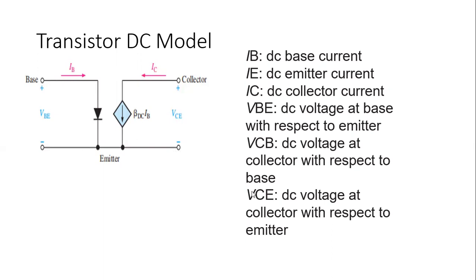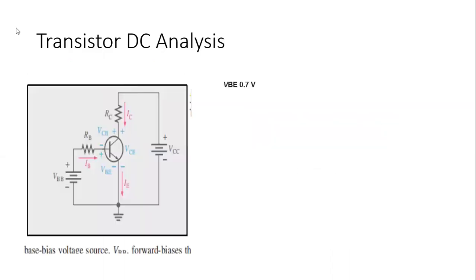And VCB represents the DC collector to base voltage. So transistor DC analysis. Here what is done is that the maximum voltage between the base and emitter, that is the forward bias voltage of this particular junction, base to emitter junction, is 0.7 volts, because we are considering a silicon NPN transistor.